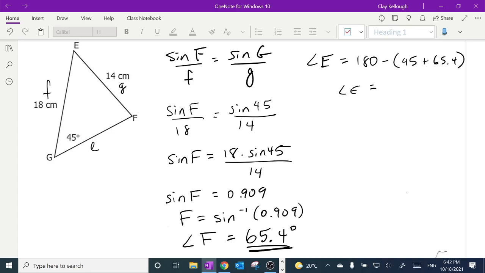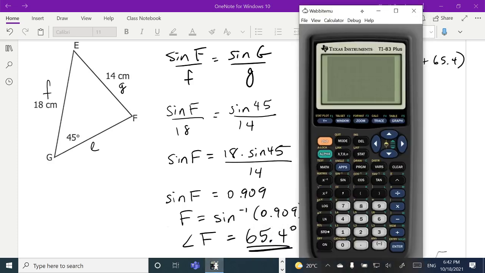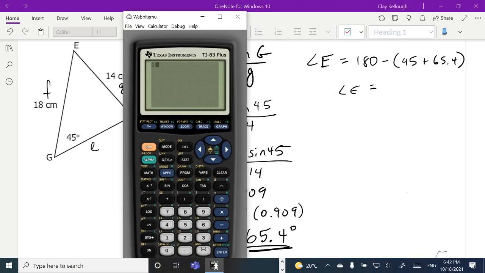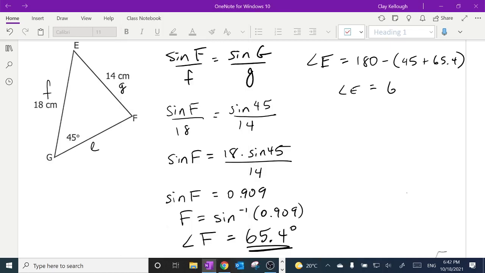So that would be, back to you, Mr. Calculator. Now you're in my way over there. 180 minus, open a bracket, 45 plus 65.4, close my bracket, and it equals 69.6 degrees.